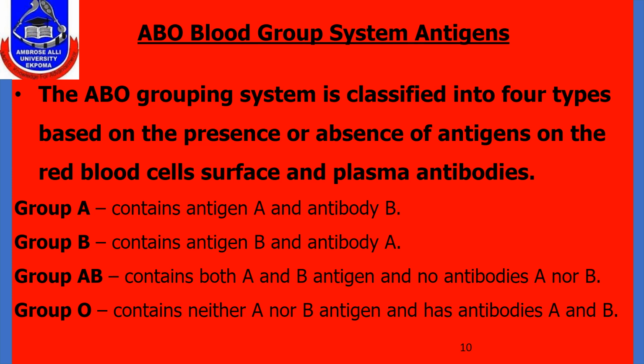We can now look at the ABO blood group system antigens. The ABO grouping system is classified into four based on the presence of antigens on the surface of the red blood cells, and plasma antibodies.